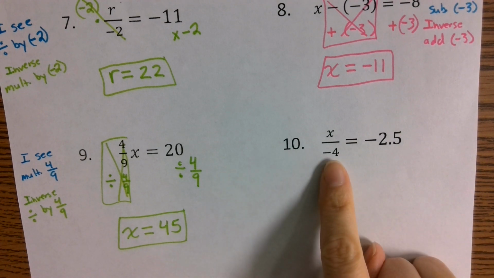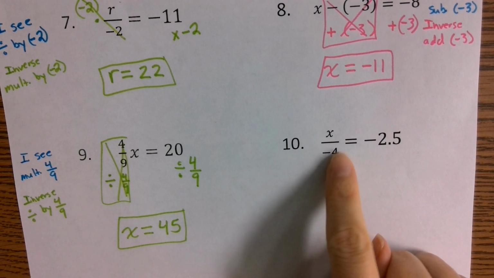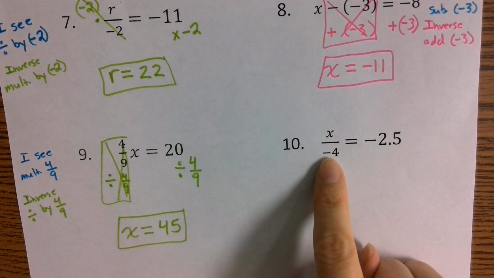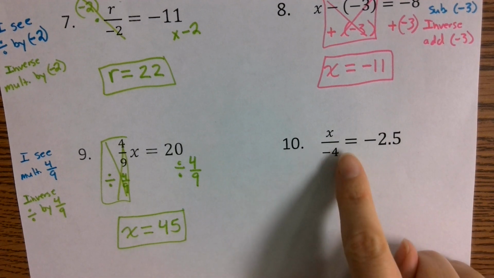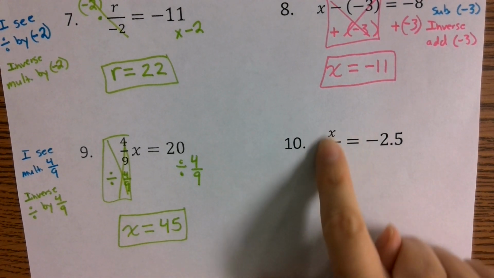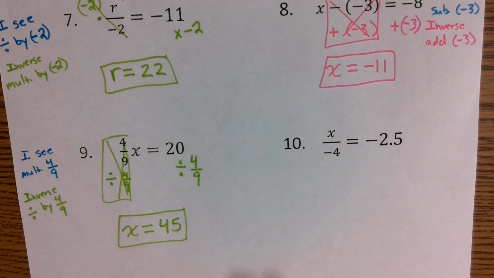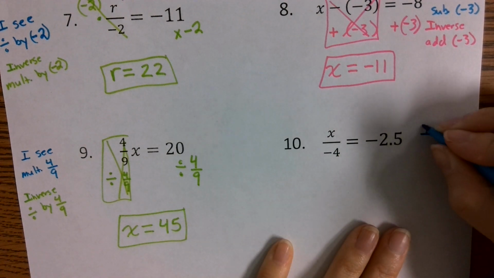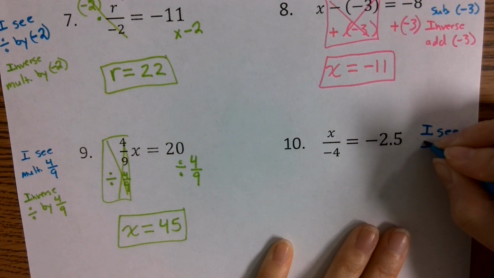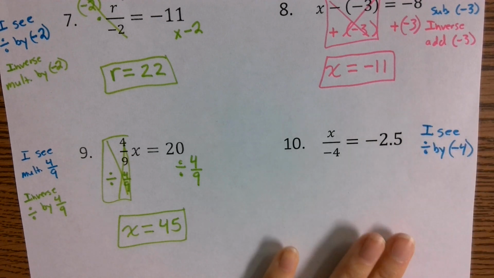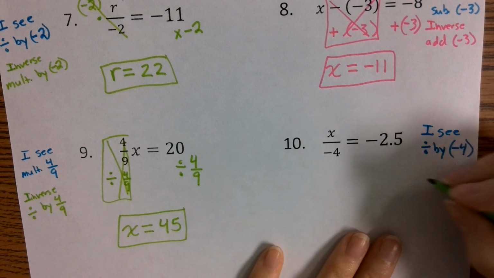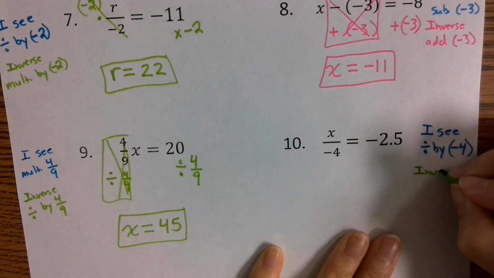Okay. Problem 10. I see a fraction. Is the variable inside of the fraction? Yeah, it's a part of the fraction. It's the numerator of the fraction. So when it is inside of the fraction, what operation is that? Division. Okay, so I see division. This happens to be dividing by negative 4, so the inverse is going to be to multiply by negative 4.